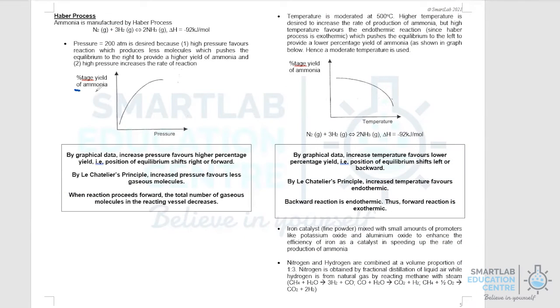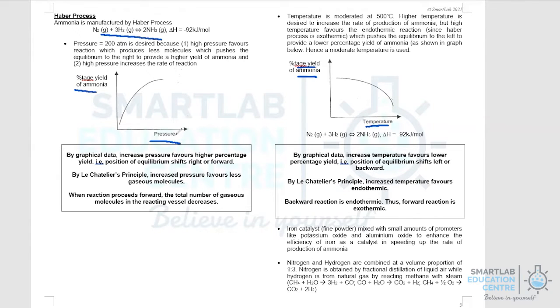Let's take a look at the percentage yield versus pressure graph for the example we covered earlier on the production of ammonia, as well as the percentage yield of ammonia versus temperature. As the pressure increases, in this case, the pressure could increase by making the volume of the reacting vessel smaller.